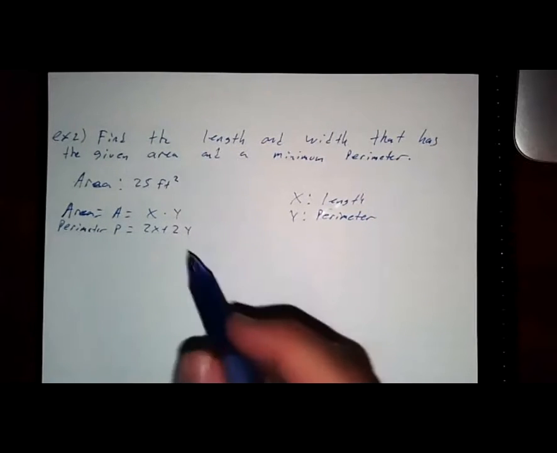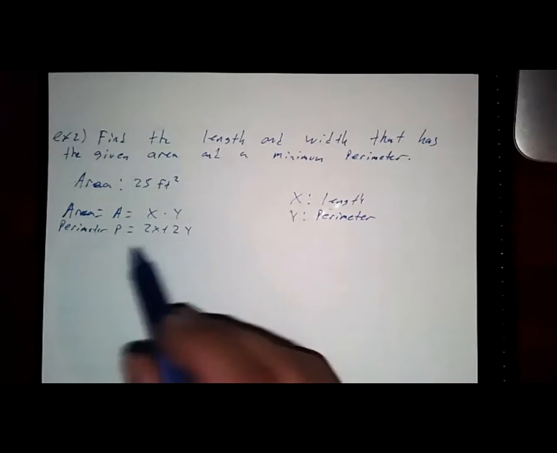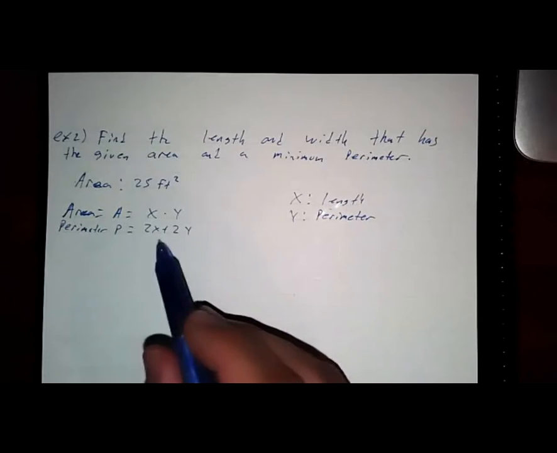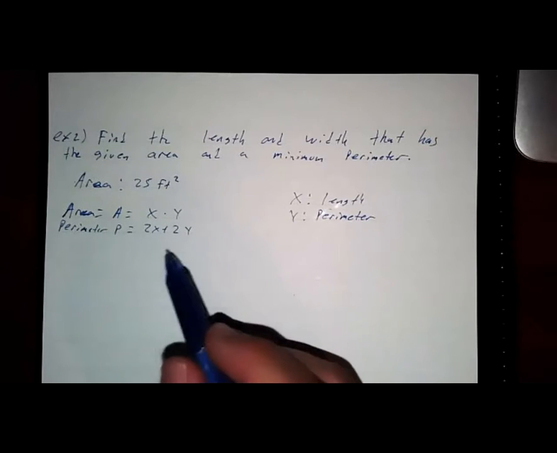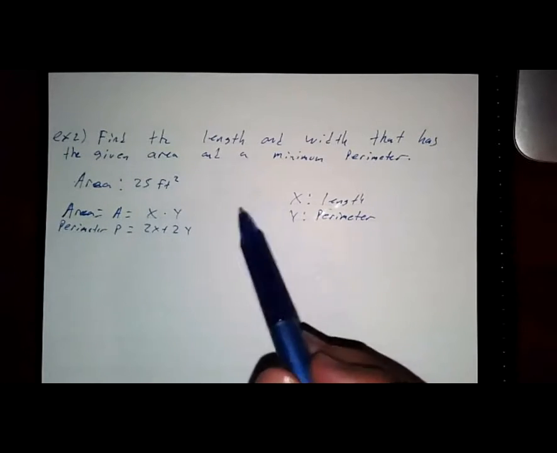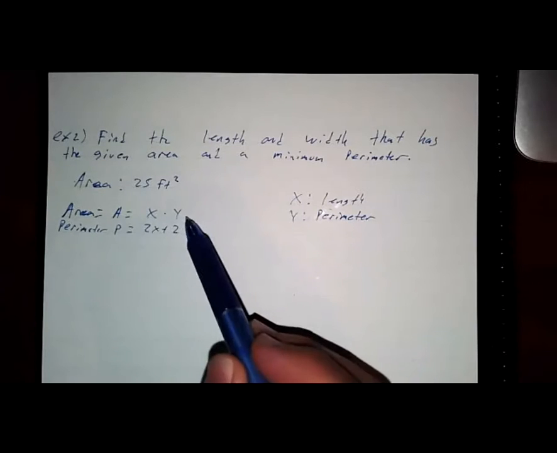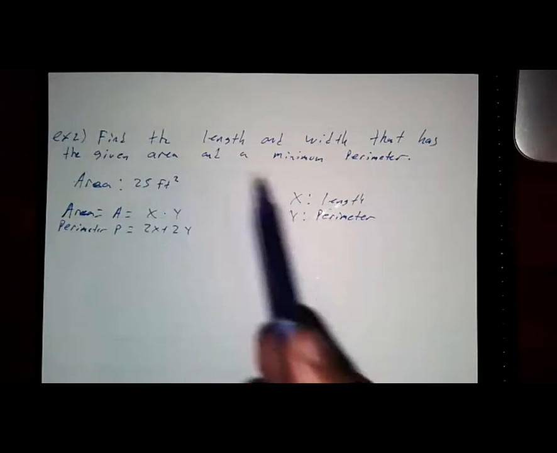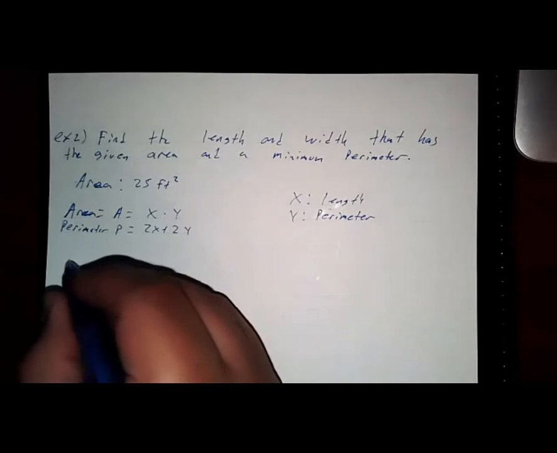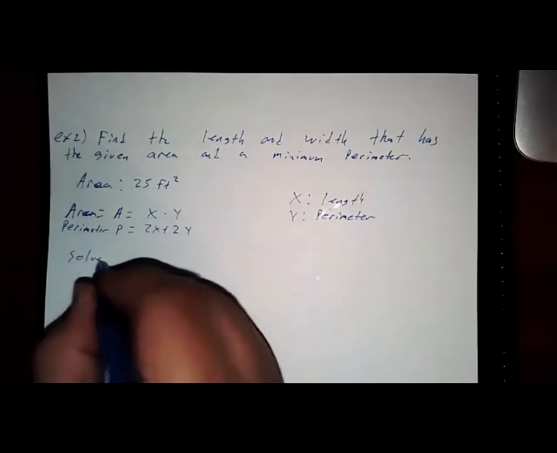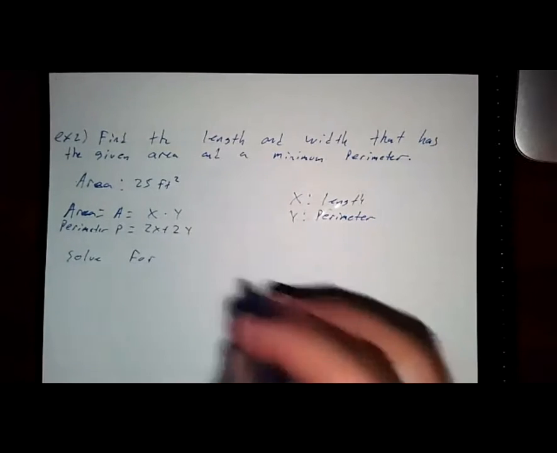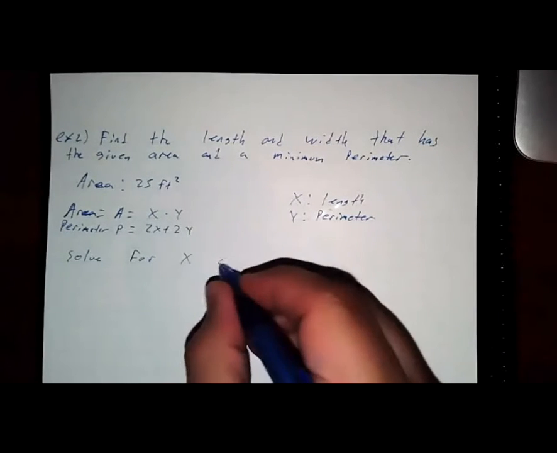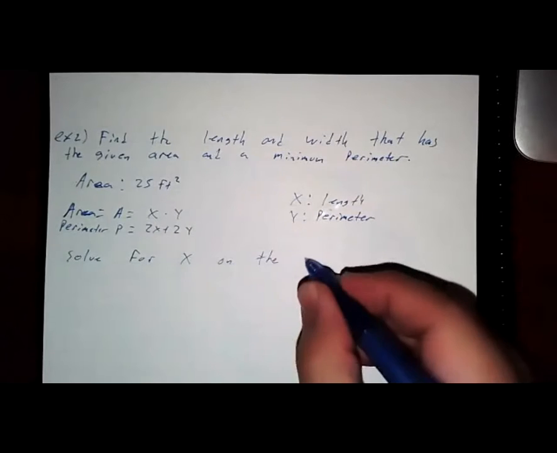So we're going to have to get this into one variable. That way it's not too complicated. And we're going to have to solve for x on the area equation since we have the 25 feet.